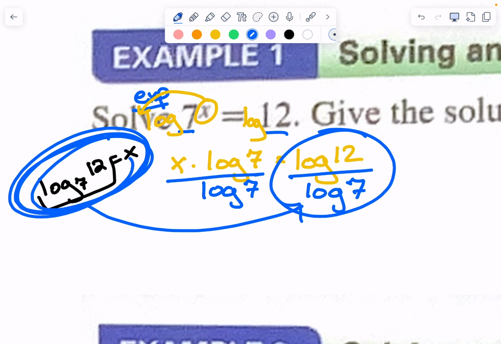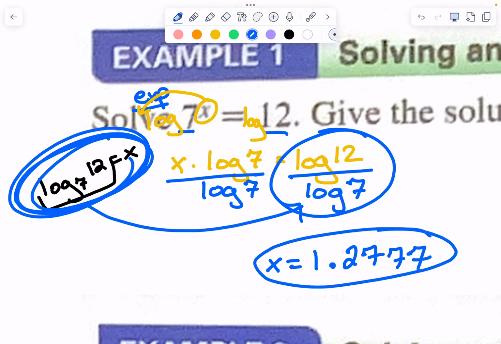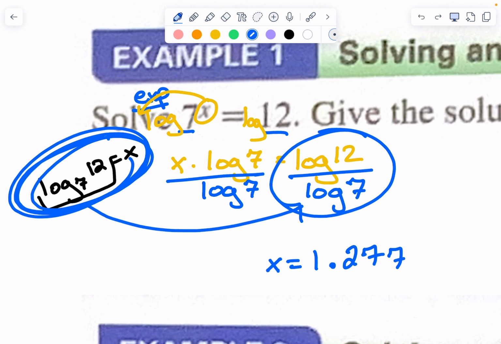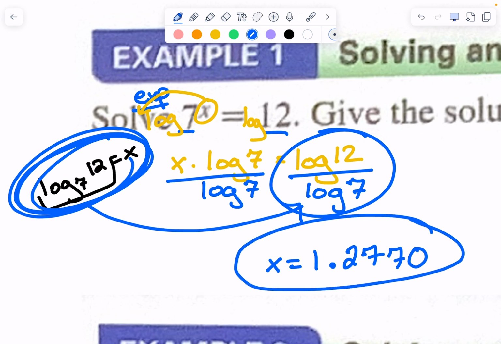So you can think about it in terms of that. Log 12 divided by log 7, what does that end up being? 1.277.